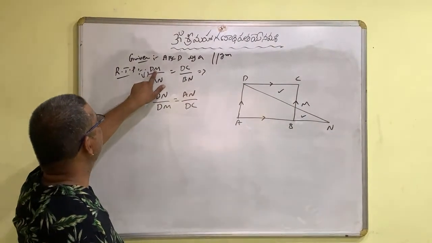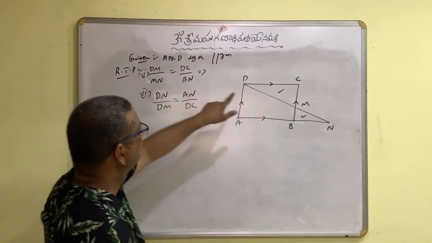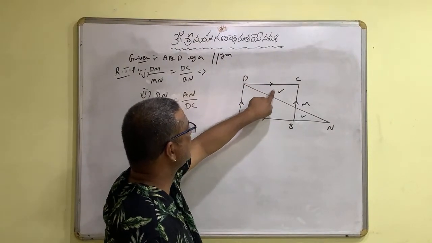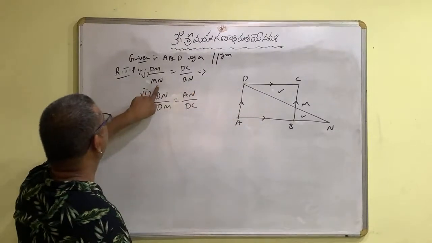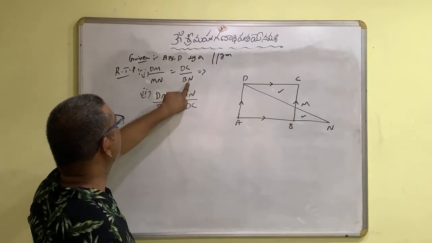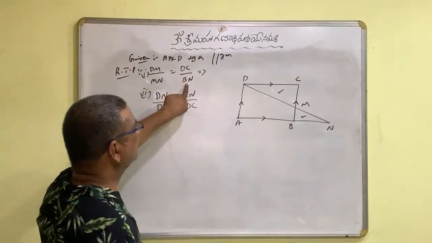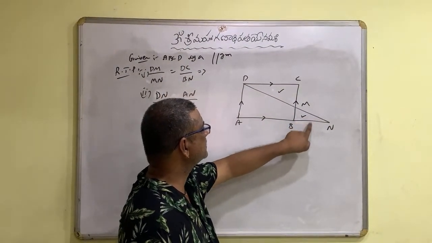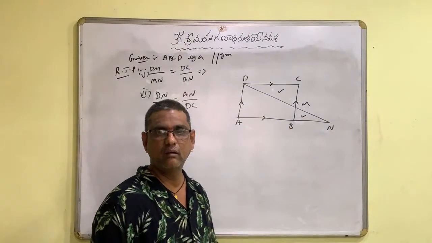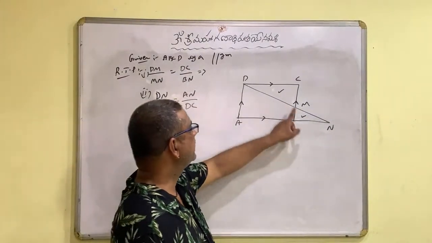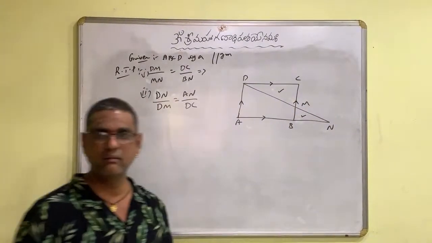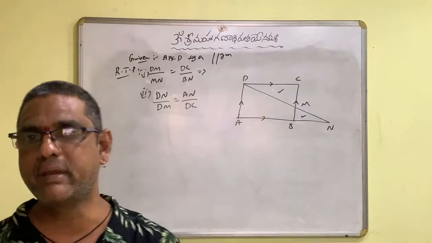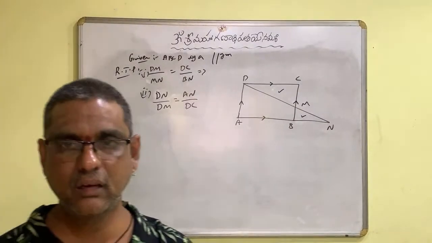Observe the numerator, DM, DC. So DM is this one and DC is this one. So these two are the parts of this triangle. And denominators, MN, BN. So MN is over here, BN is over here. So these two are the parts of this triangle. Now if we prove these two triangles are similar, then DM by MN is equal to DC by BN. That is what we have to understand.